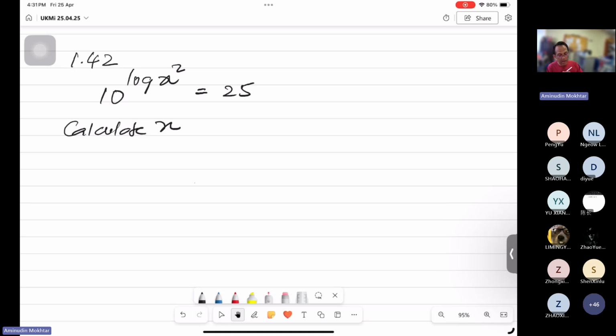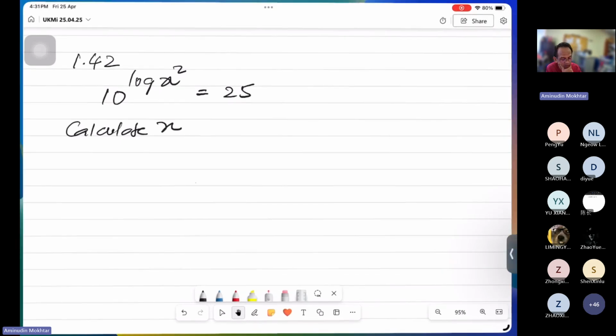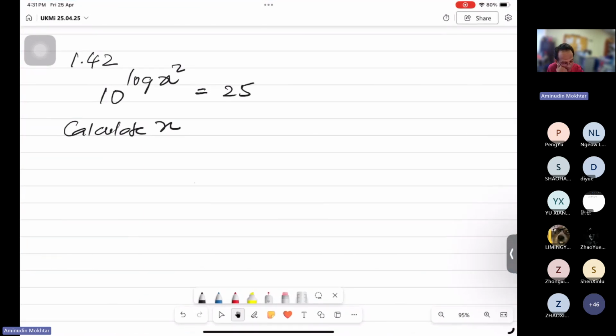Okay, how to find x. In this case, x is in the power of 10. So since x is in the power position, we can take log of both sides.